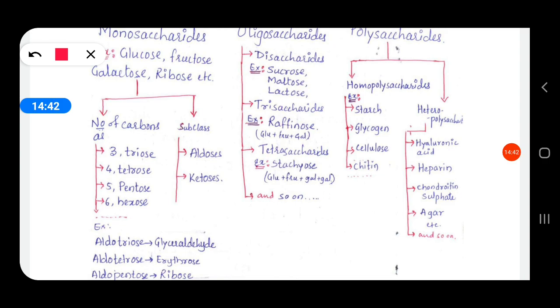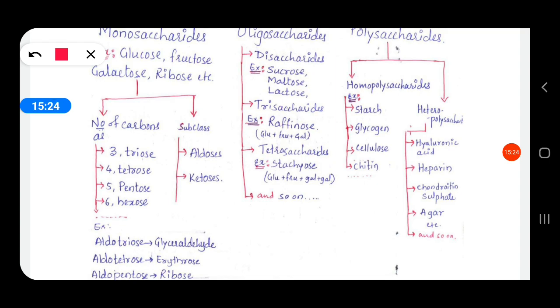Example, stachyose, which gives 1 molecule of glucose, 1 molecule of fructose and 2 molecules of galactose on hydrolysis. So if a oligosaccharide yields 5 monomer units on hydrolysis, then it is called pentasaccharide, hexasaccharide, heptasaccharide, octasaccharide, like this. So depending upon number of monomer units obtained on hydrolysis, the oligosaccharides are subclassified.